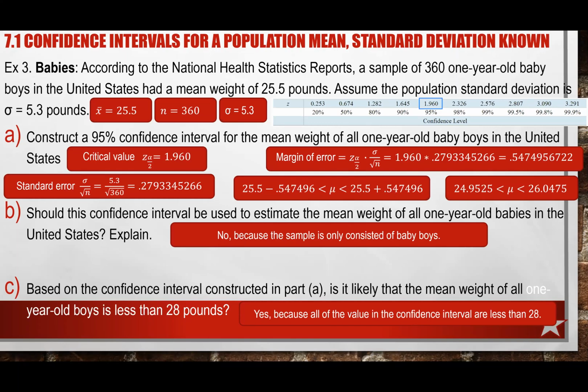So it depends on what your final answer is. Most of the time, they probably ask you for 2 or 3 decimal places. So pretty much, after you find your margin of error, this is where you probably just take 4 decimal places, and then you round your final answer. Because I think the answer is probably just 24.95. I just keep 4 decimal places to show you that I want to keep that.